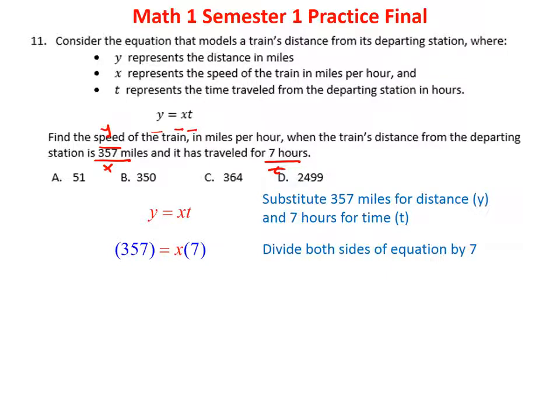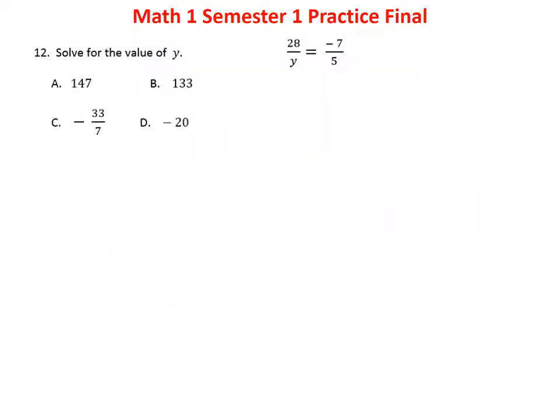To undo x times 7, we divide both sides by 7. 7 divided by 7 is just 1. We're left with x, and 7 goes into 357 51 times. So the speed of the train is 51 miles per hour.